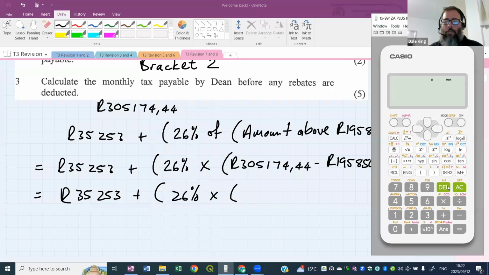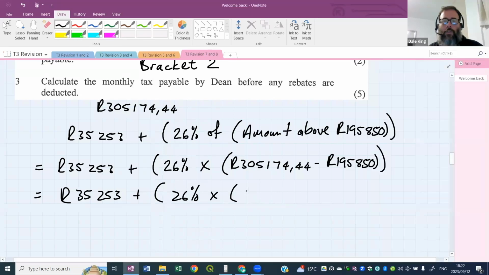So 305,174.44 minus 195,850. There we go. And that gives us 109,323.44. Now, you don't need brackets. Brackets aren't going to make a difference here, so I'm going to take that bracket away.